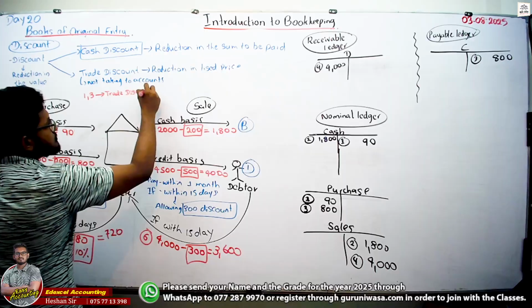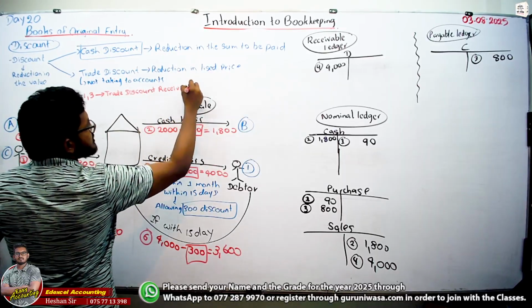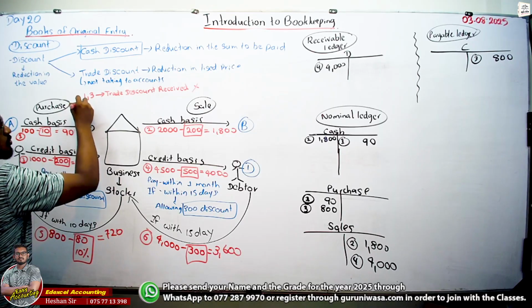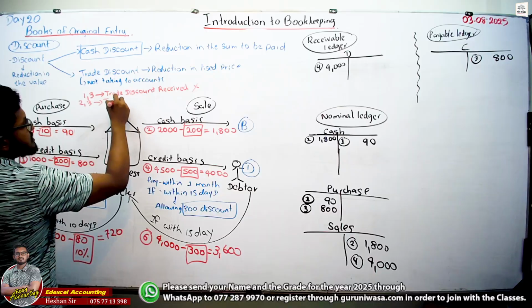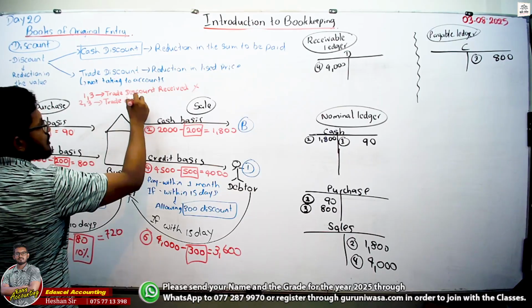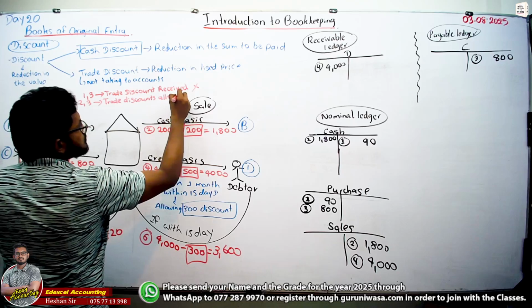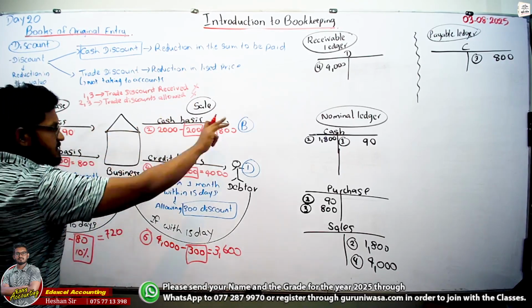Discount received, because it is related with purchasing goods. They are not taken into accounts. 2 and 4 are trade discounts allowed. We do not take them into accounts because it is about purchasing and selling goods.